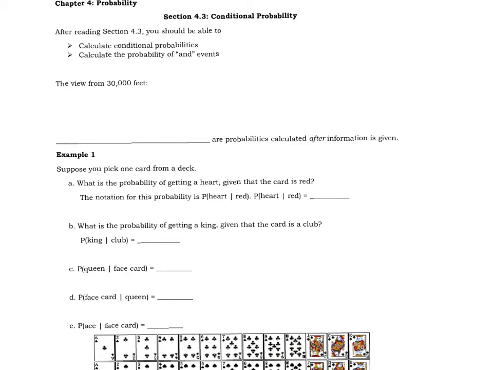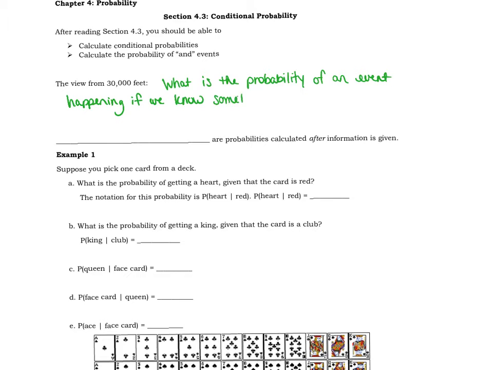In section 4.3, we're going to talk about conditional probability. Okay, conditional probability is kind of based on this idea. What is the probability of an event happening if we know something else has already happened?